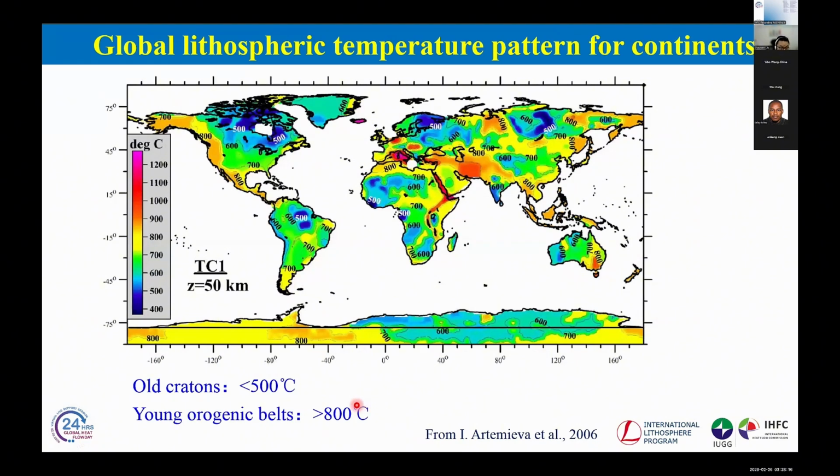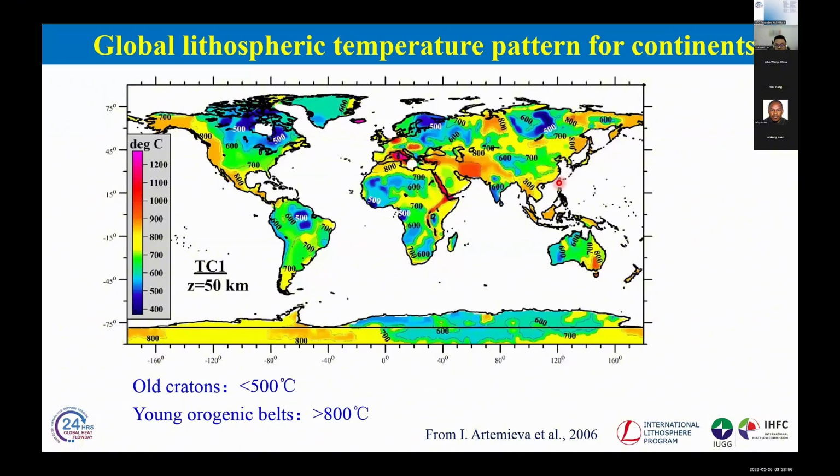This is the depth of 15 kilometers, which is near to the crust-mantle boundary zone. We can see also for the old cratons like North America, the temperature is about 500 degrees, while for the orogenic belts, the temperature can be as high as 800 degrees, which means the thermal structure, I mean the thickness and the deep temperature, obviously vary laterally for the different blocks and tectonic units.